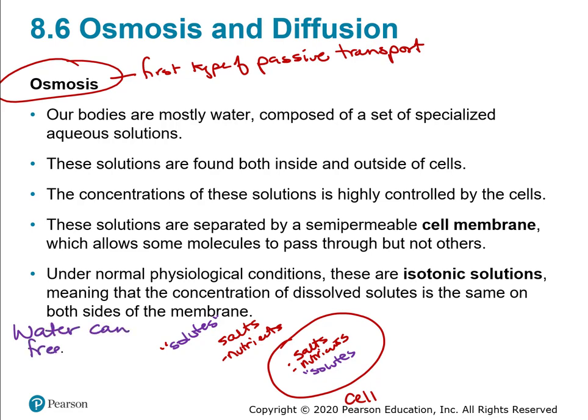So water can freely move in or out of the cell through little water channels. Water channels only allow water to pass through. They don't let glucose through, and they don't let sodium ions slide in. They only allow water molecules to move.